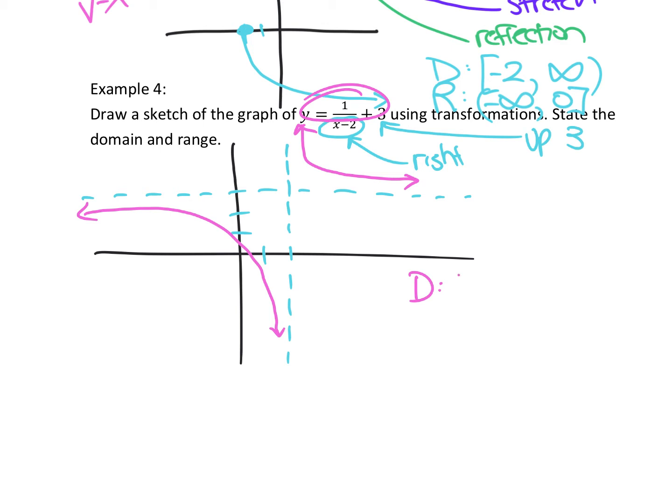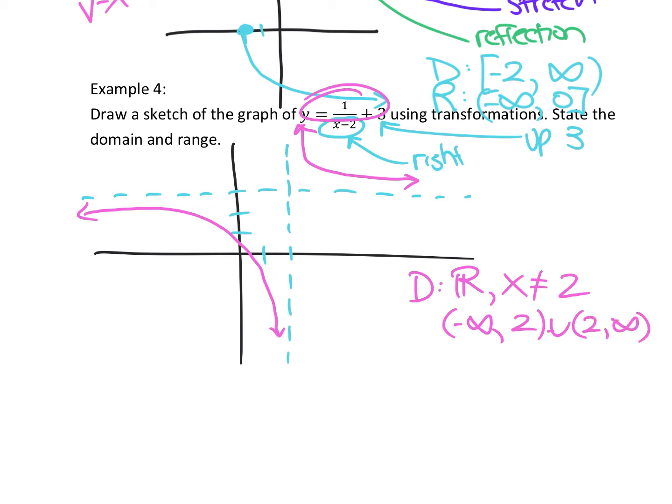So you could say on this one, all real numbers, x does not equal what value? Well, what gives me the asymptote for x? 2. Just 2. And that's also what would give me 0 on the bottom of the fraction, just like we talked about in last night's homework, right?